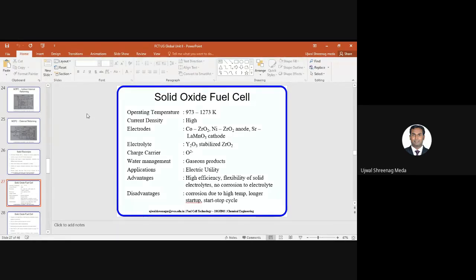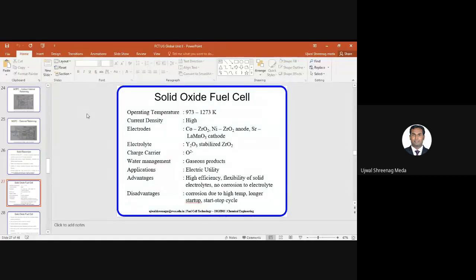Advantages: high efficiency, and flexibility of solid electrolytes, meaning there are no issues with orientation of the fuel cell. Just because the electrolyte is a solid material, it can be made as thin as possible, and there are no issues with orientation. You can keep it the way you want according to the requirement.